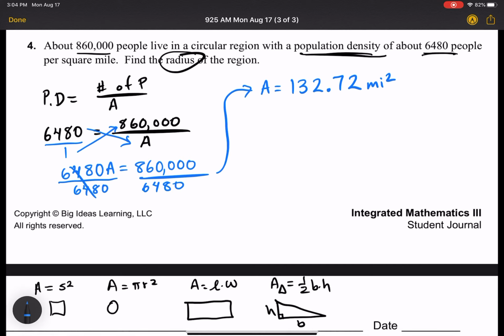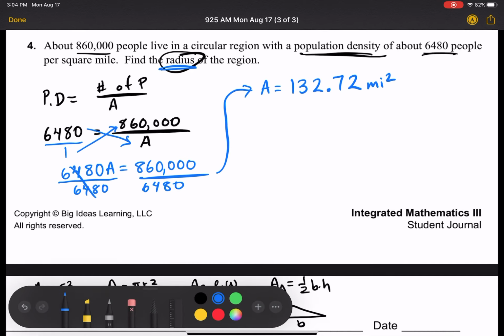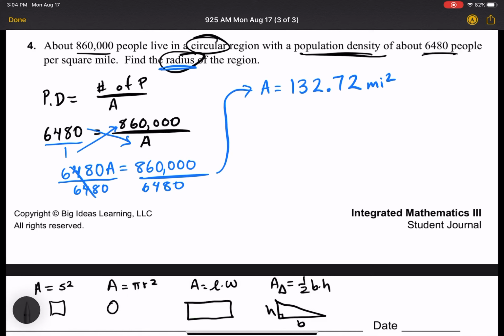Now, this is the area, but we need to find the radius again. So how do we find the radius? Well, since we're dealing with a circular region, we know that in a circle, the area, like I explained to you down here, is pi r squared. So that means this A and this A are the same.